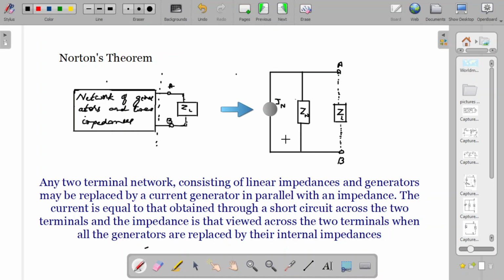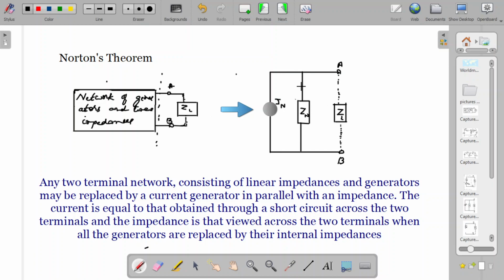But in Norton's theorem, the complicated network becomes equivalent to a very simple circuit where all the generators are replaced by a current source, which we denote as IN, and all the impedances are replaced by a single impedance ZN, which is kept in parallel to the IN. So this is the simplified form of this circuit.